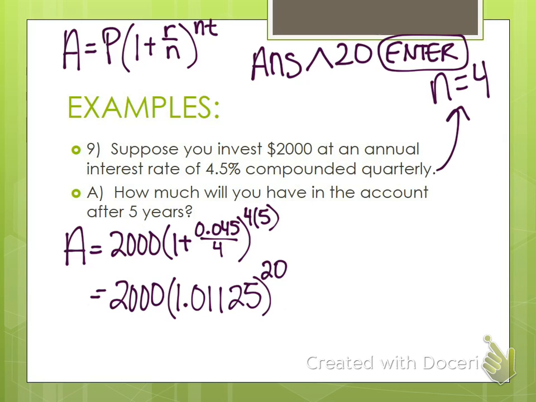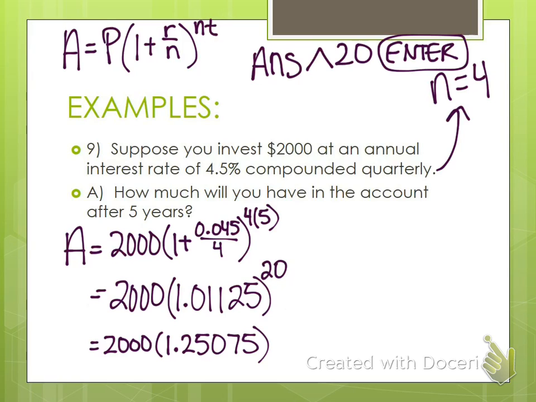Now this number we'll probably want to round a little bit. So we've still got that 2,000 out in front times 1.25075. That should be enough decimal places for us. Do I have that caret button? Are we all good so far?